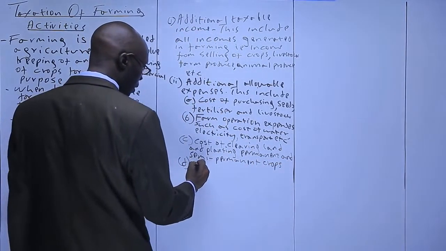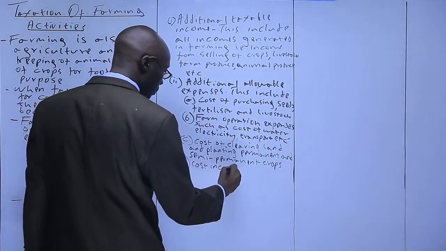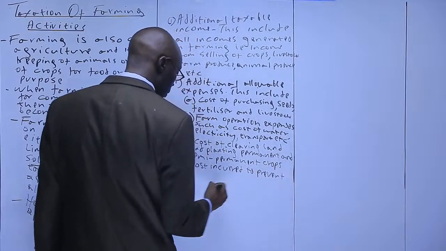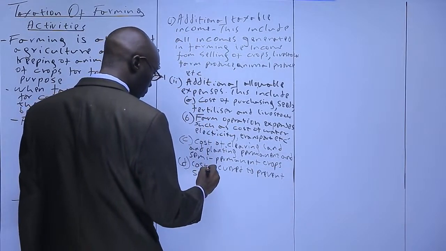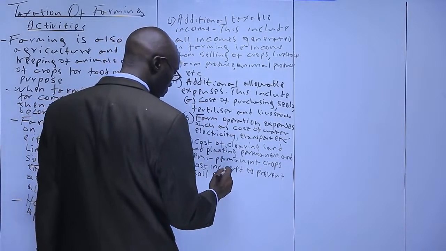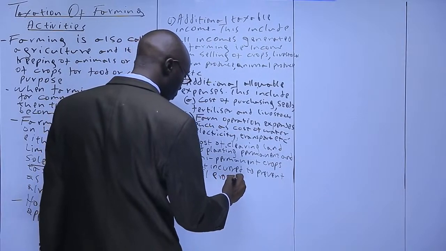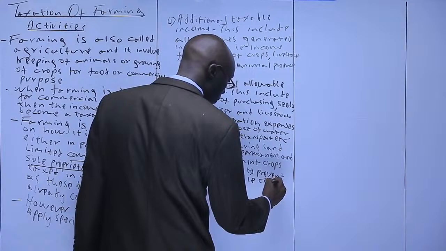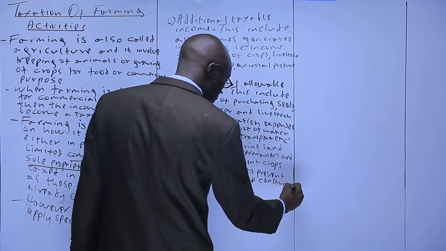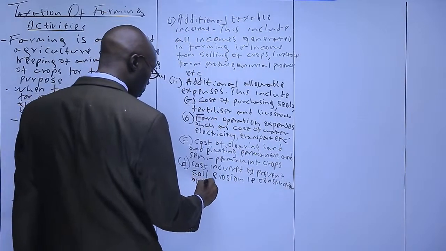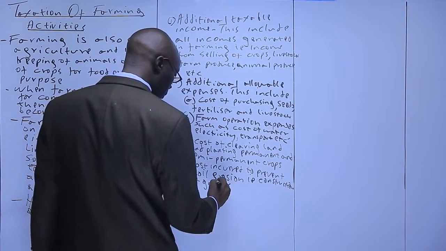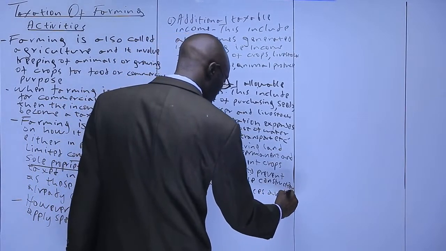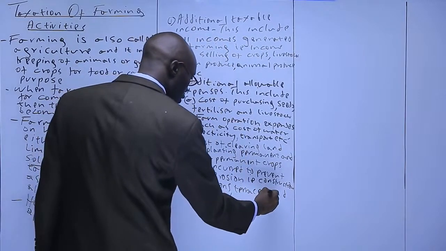D, costs incurred to prevent soil erosion, i.e. construction of gabions, terraces, and making of windbreaks.